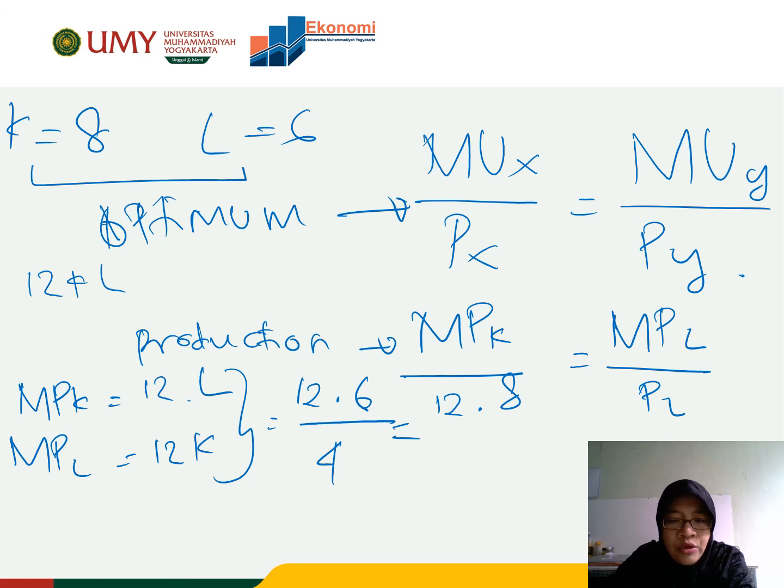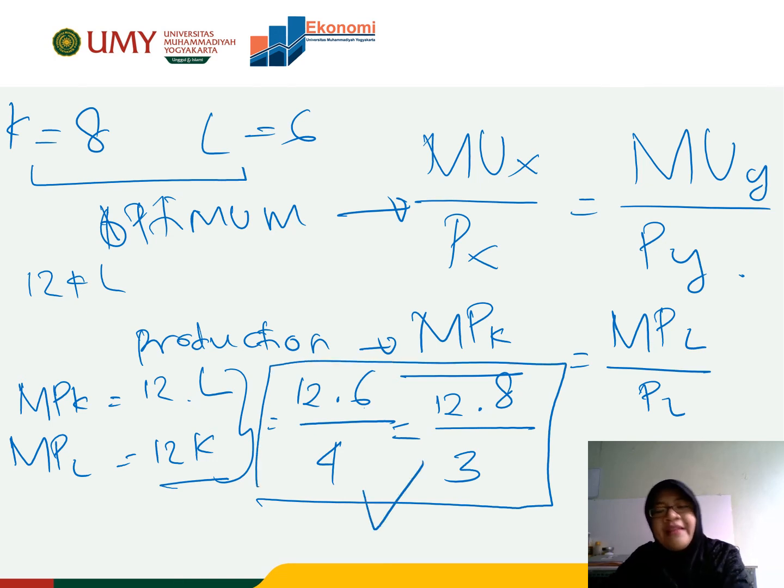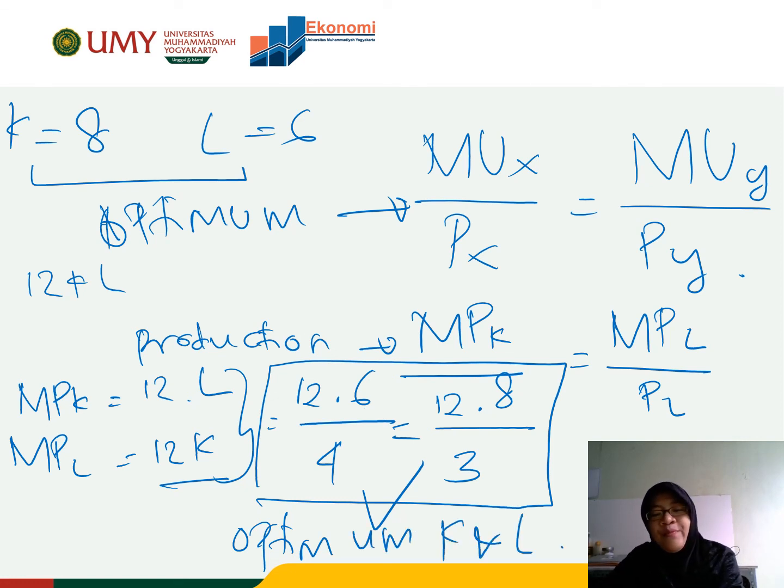Oh sorry, this one should be 8, because it's 12K, divided by PL, how much is L's price? 3. Is it the same? If it is the same, then it is the optimum. You have the optimum K and L, where K is 8 and L is 6.